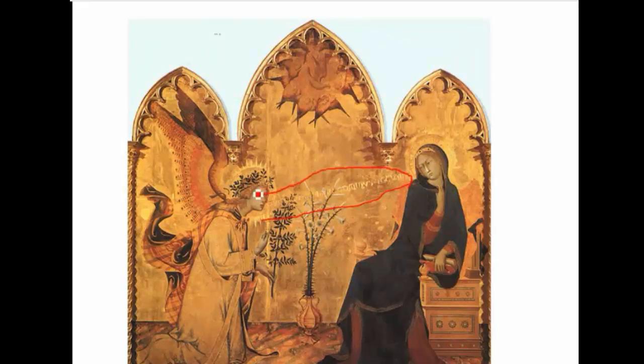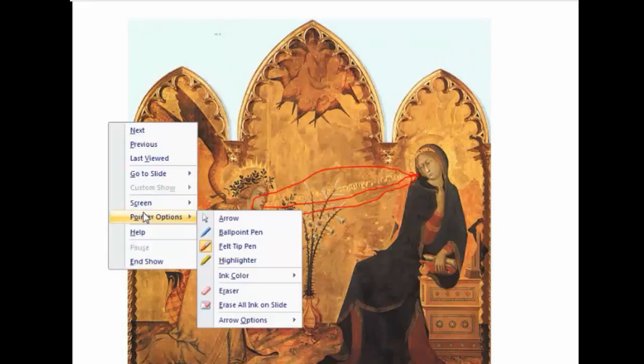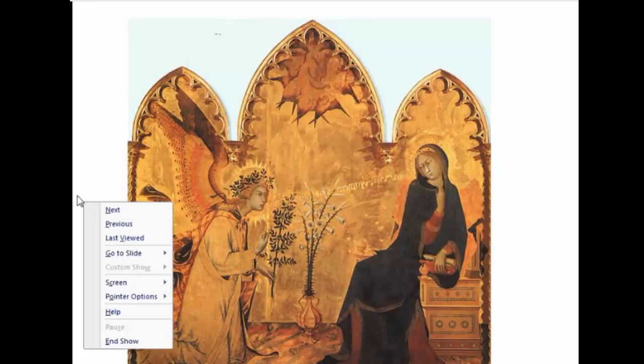Those are actually Greek words. Do you see how the words are coming out of the angel's mouth and going into Mary's ear? It's almost like an old-fashioned cartoon bubble. What it says is, a son will be born to you. Well, anyway, that's at the start of the Mary story.